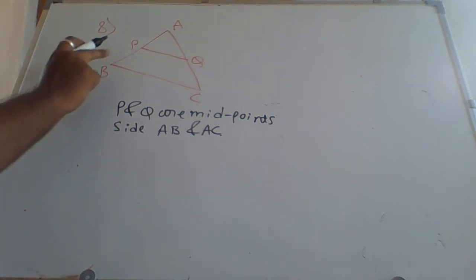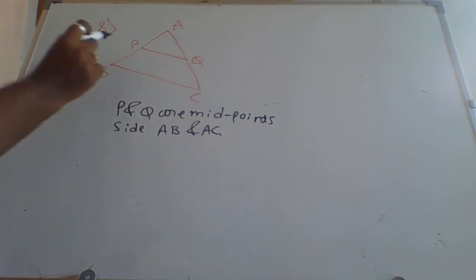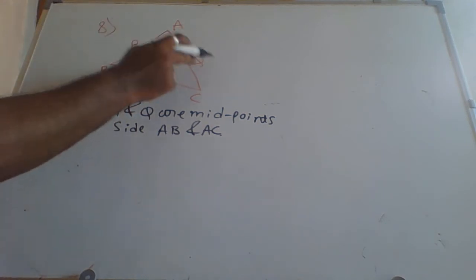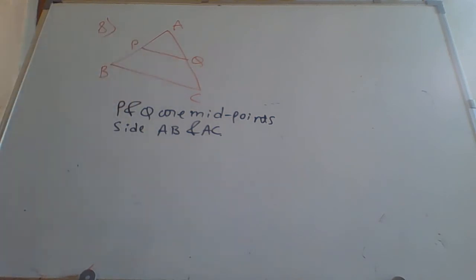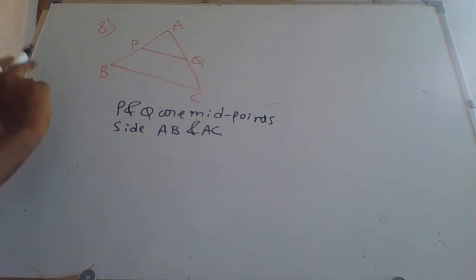So we have to prove that this line PQ is parallel to the third side by using the converse of basic proportionality theorem. What they are given? Prove that the line joining the midpoints of any two sides, so this P and Q are midpoints of AB and AC of a triangle, is parallel to the third side, and we have to prove that this line PQ is parallel to the third side.